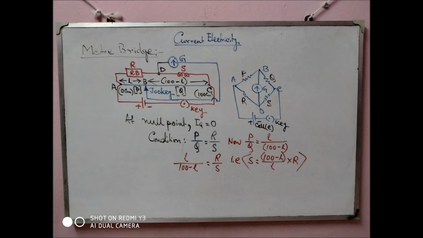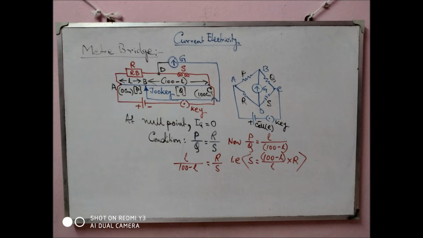The third important point is when the bridge is maximum sensitive. Now what does sensitivity mean? Sensitivity means that we get perfect, prompt, actual reading. Then the meter bridge is most sensitive. The bridge is most sensitive at the midpoint, that is at 50 centimeter.